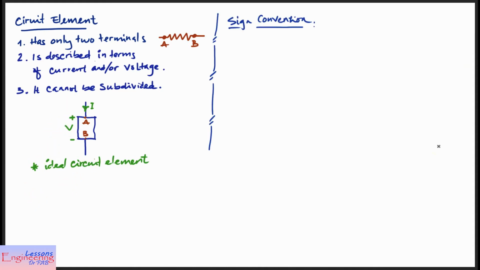One of the biggest sources of confusion in circuit analysis is the assignment of polarity of voltage and current flow reference directions.